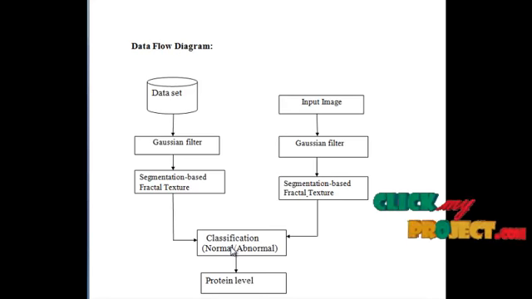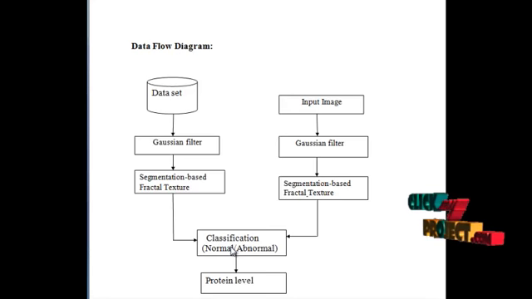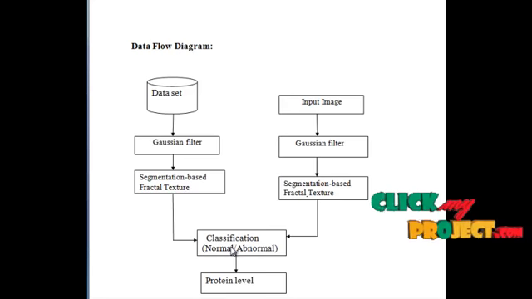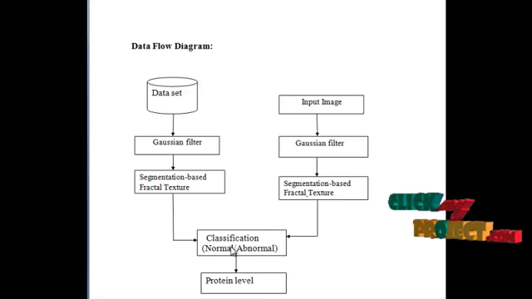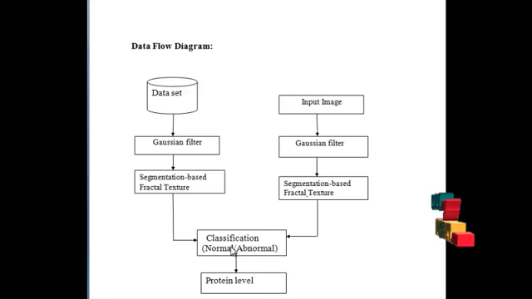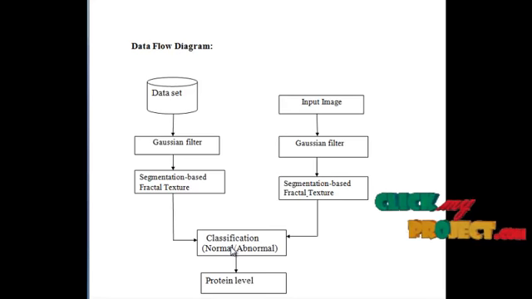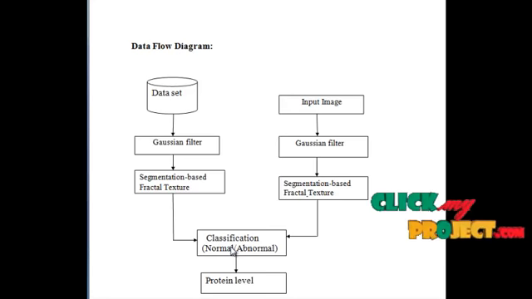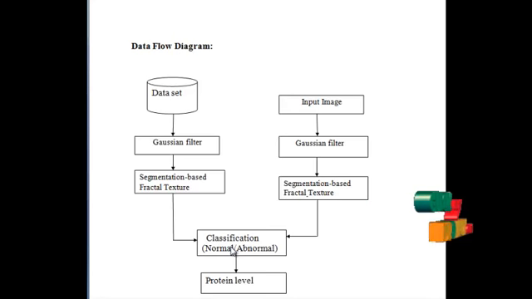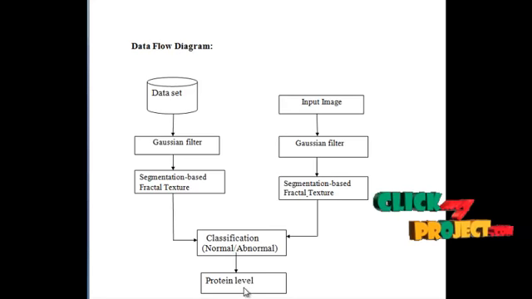GMMs are commonly used as a parametric model of the probability distribution of continuous measurements or features in a biometric system, such as vocal-tract related spectral features in a speaker recognition system. GMM parameters are estimated from training data using the iterative expectation maximization algorithm or maximum a posteriori estimation from a well-trained prior model. The output is given to the protein level technique.